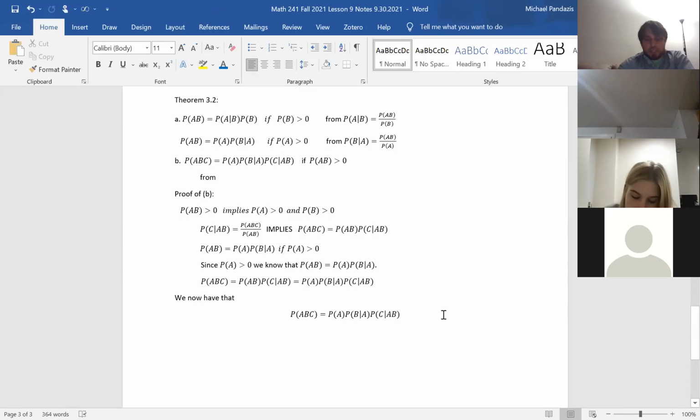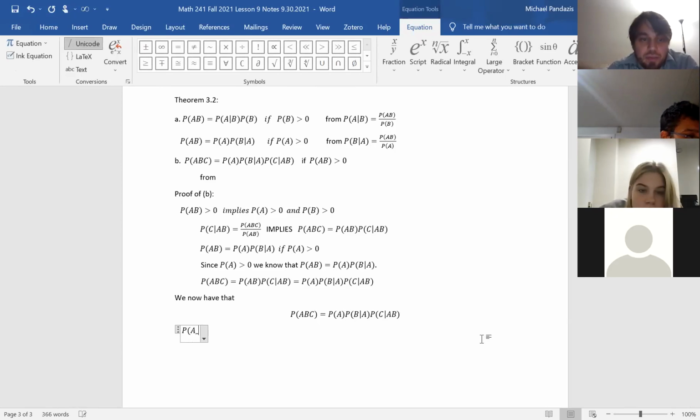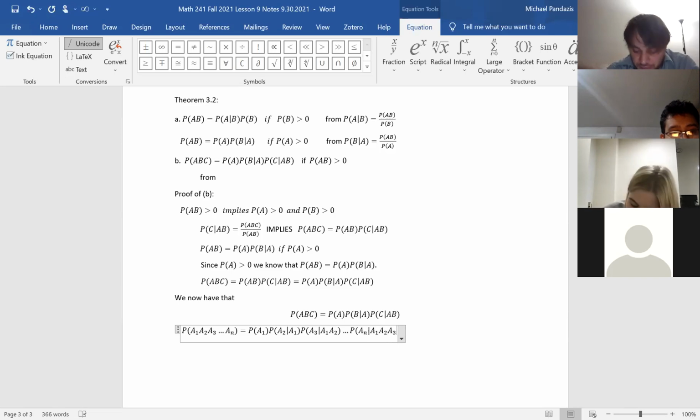Okay, so that's A and B of that theorem. Let's go to C. The probability of A1, A2, A3, up to An is equal to the probability of A1 times the probability of A2 given A1 times the probability of A3 given A1, A2, and so on, times the probability of An given A1, A2, A3, up to A sub n minus 1.